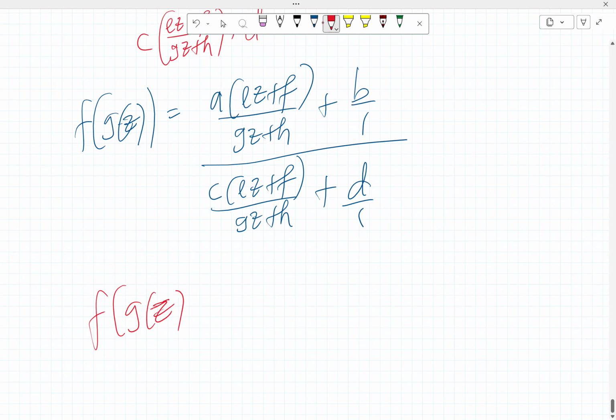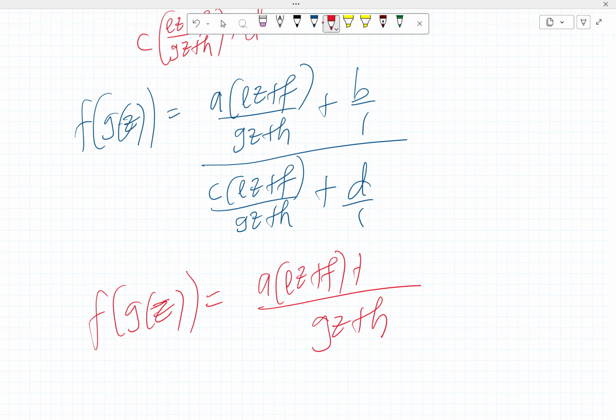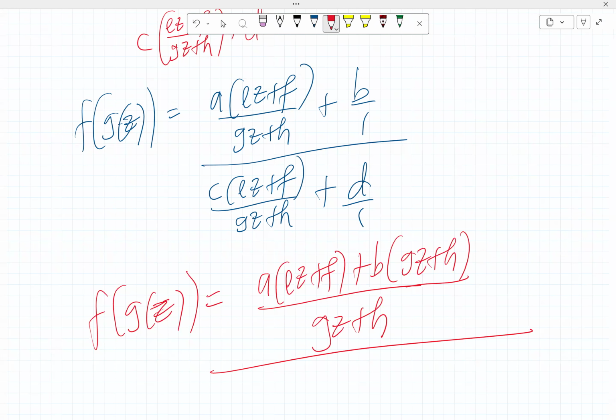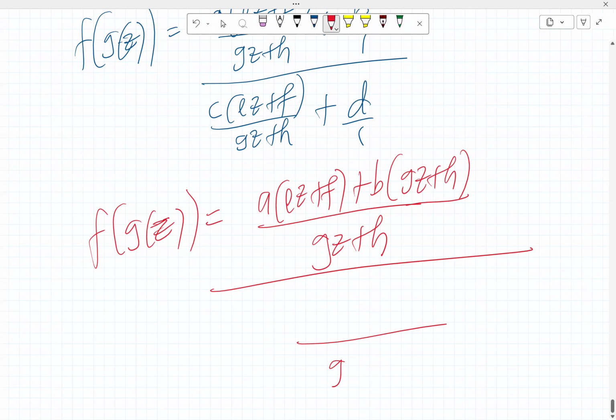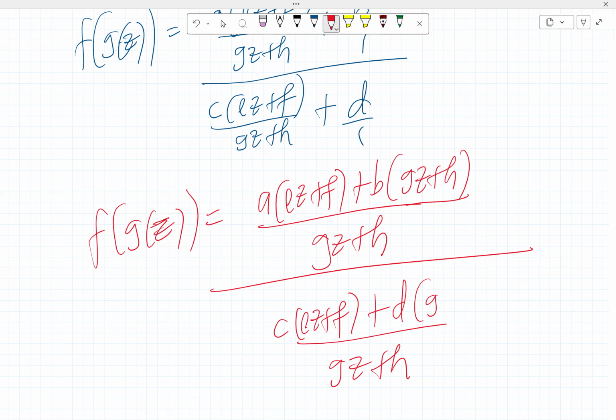So f of g of z equals, the LCM up there is gz plus h clearly. So that's a into ez plus f, and b into gz plus h, all over the same thing, gz plus h is the LCM down here. So that's c into ez plus f plus d into gz plus h.